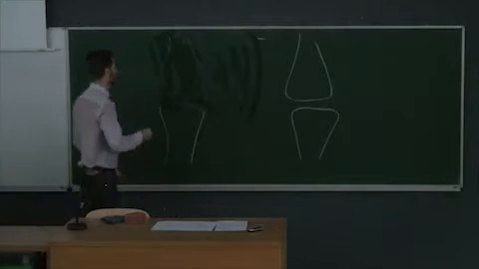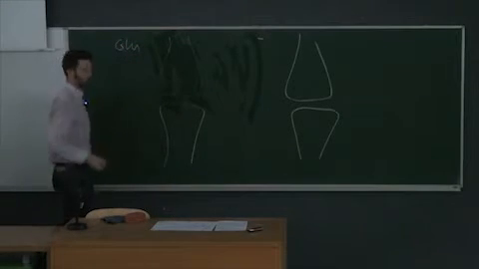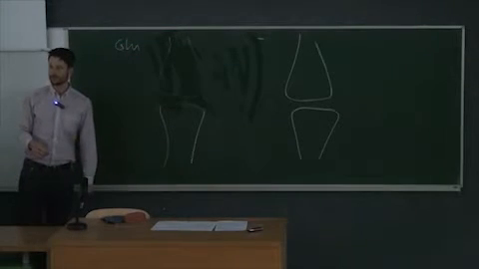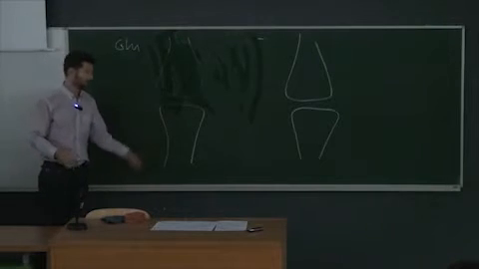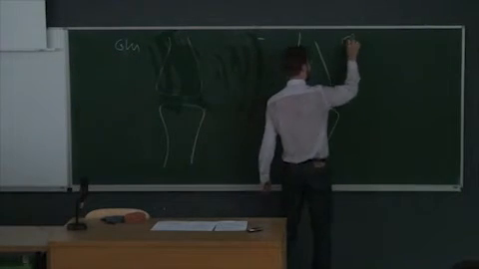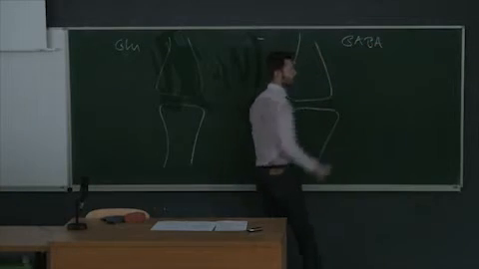One of them is going to be a glutamatergic synapse. So it's a synapse that uses glutamate as a neurotransmitter. And the other one is going to be a GABAergic synapse.